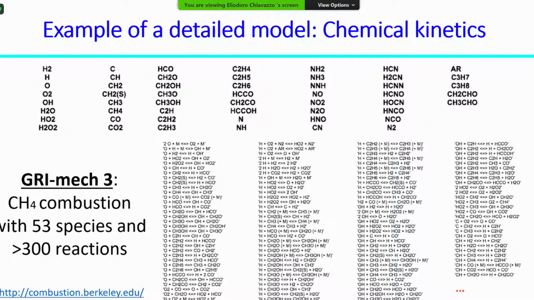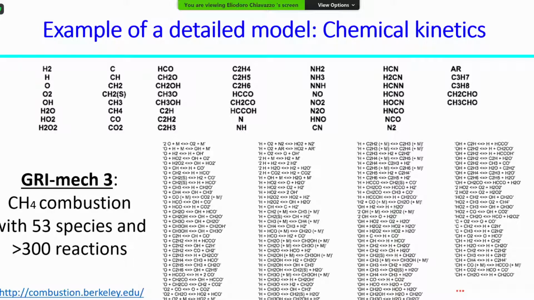But if you just move a step further and you look at methane, for instance, you have to deal with 53 different species and more than 300 elementary reactions. And this keeps moving up with heavier hydrocarbons or exotic biofuels, etc.; it goes exponentially.